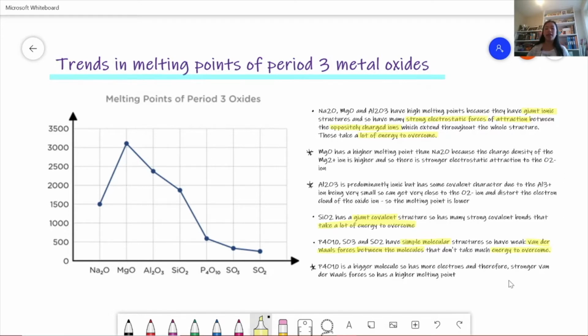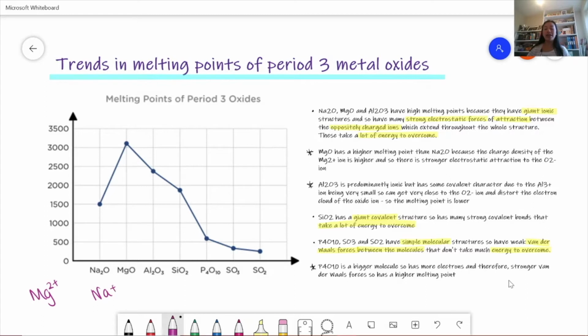Now, the reason that magnesium oxide has a higher melting point than sodium oxide is because the charge density of the Mg2+ ion is higher. Because magnesium forms Mg2+ ions, but sodium only forms Na+ ions.